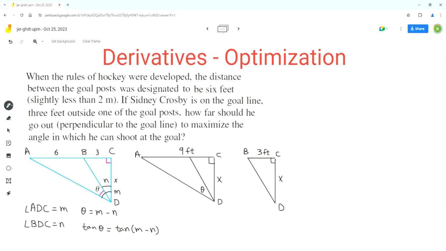Now we can use the angle difference identity for tan ratio. So we can rewrite tan of M minus N as shown; this is the angle difference identity for tan ratio.